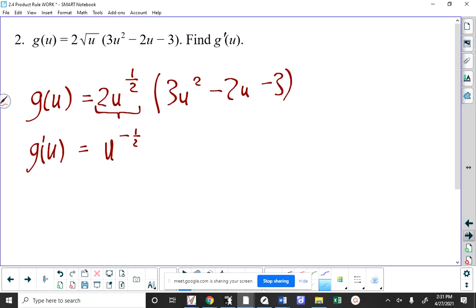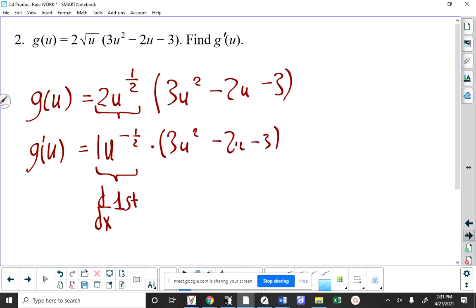I take that exponent of a half and I multiply it by the 2 in front, which gives me a new coefficient of 1. And then I drop 1 from the exponent. This is d dx of the first. Then I multiply by 3u squared minus 2u minus 3.